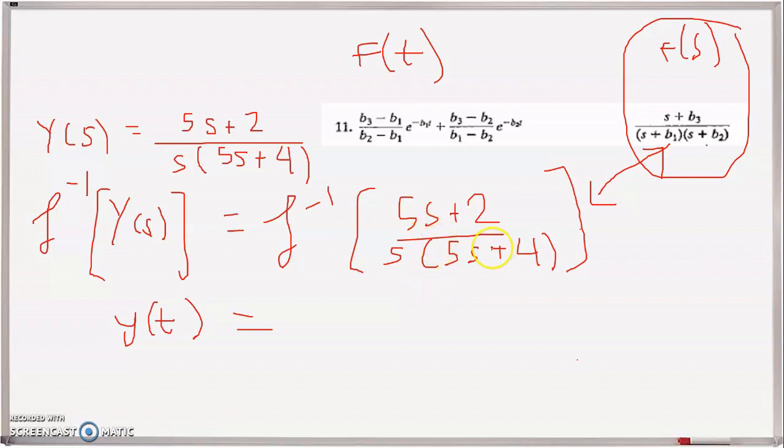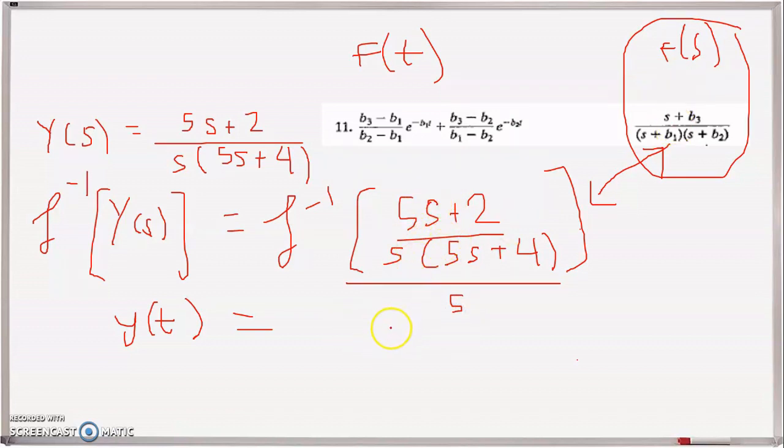So to get this expression similar to this one, if you look here, the expression is s plus b3, right? So you make this equation similar to this one. This expression needs to be divided by 5, so you have to divide everything by 5 in order to get s.